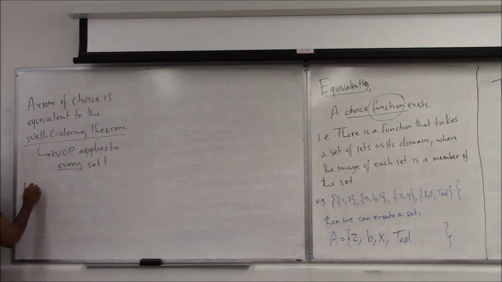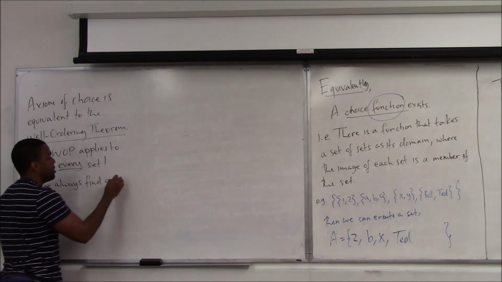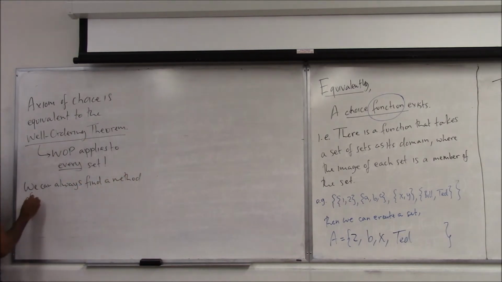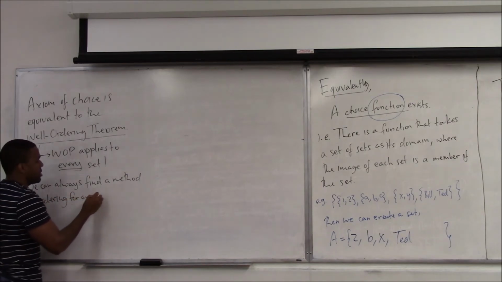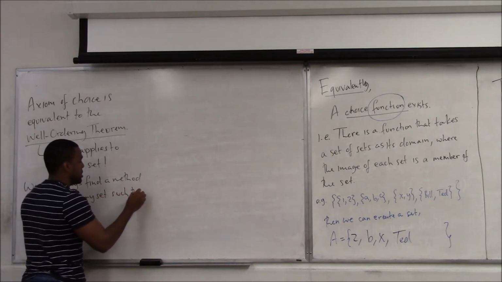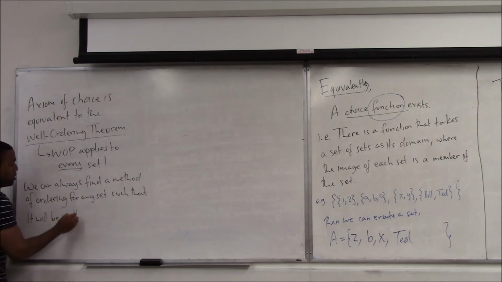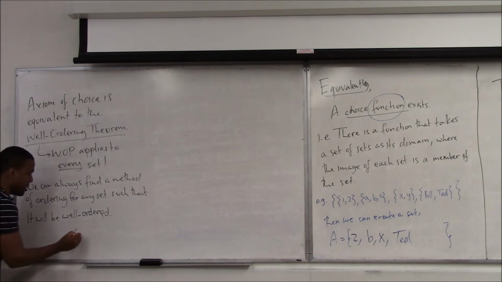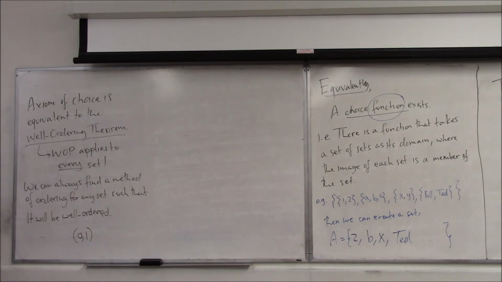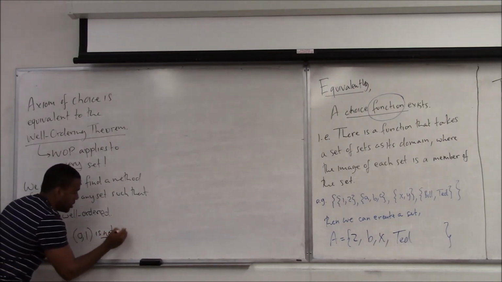Meaning, we can always find a method of ordering for any set such that it will be well ordered. Right? So remember we said that, for example, the open interval from 0 to 1. To us it didn't seem well ordered. It is not well ordered.